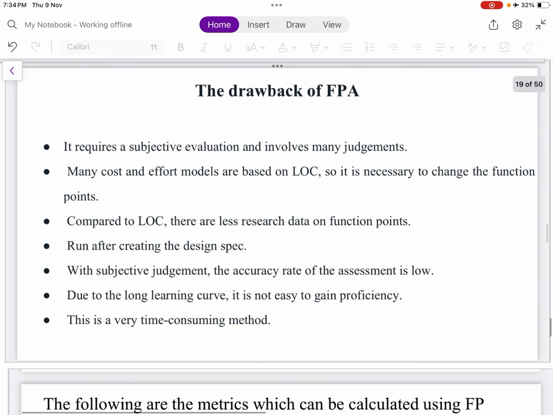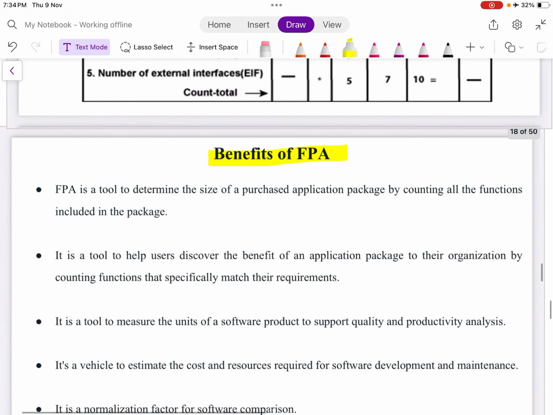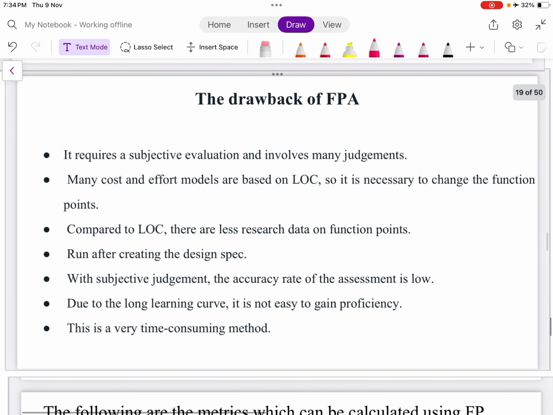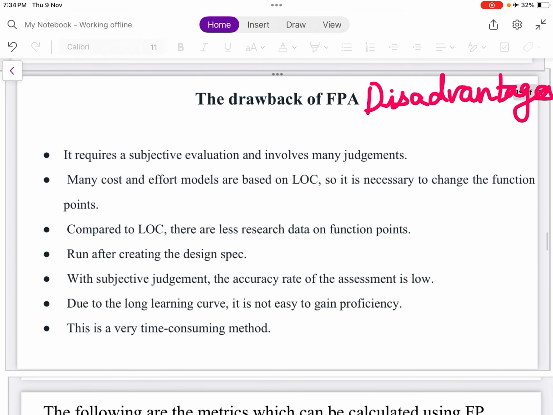These are all the benefits of functional point analysis. There are drawbacks, that is disadvantages. So benefits are your advantages of FPA and your drawbacks are the disadvantages of FPA. It requires a subjective evaluation and involves many judgments.